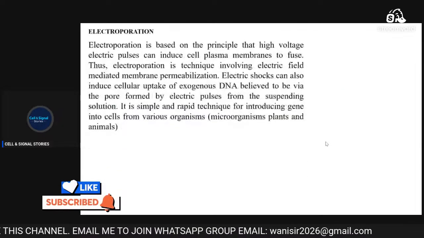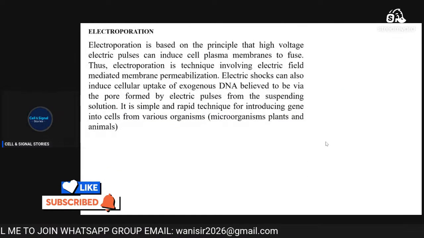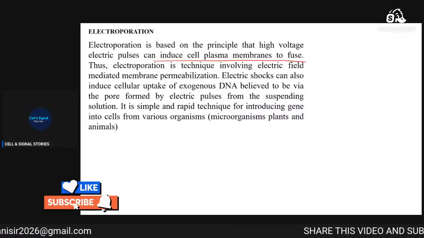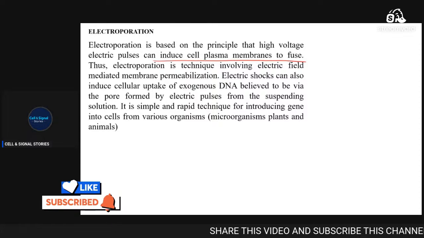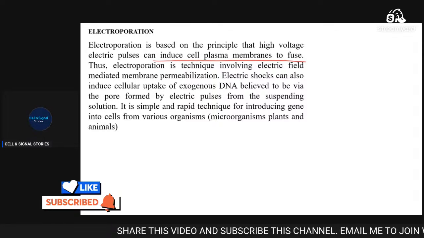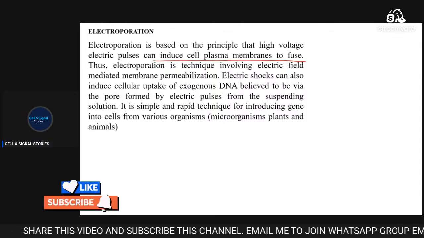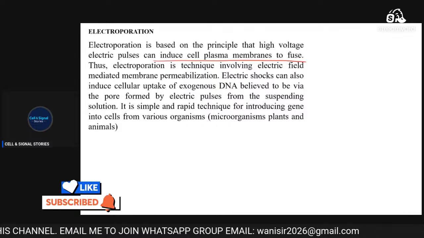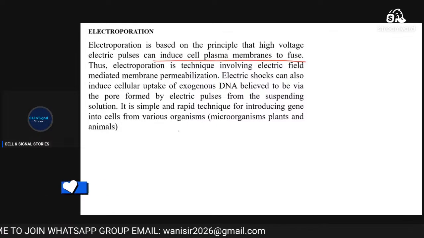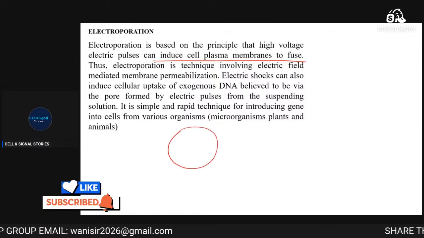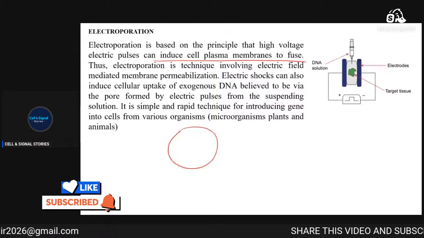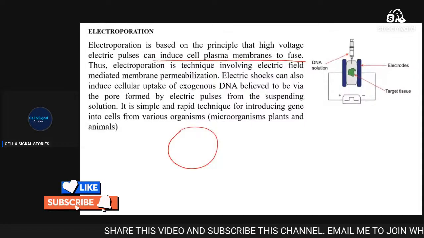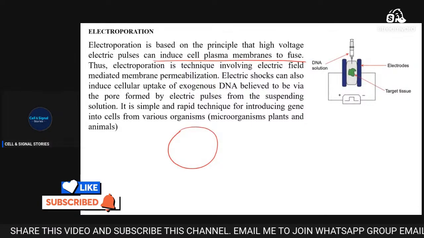Electroporation is based on the principle that a high voltage electric pulse can induce pores in the cell membrane. It is a physical method where a brief high voltage electric pulse is applied to cells suspended in a solution containing DNA. The cell is placed between two electrodes in the DNA solution and the high voltage electric pulse is given.